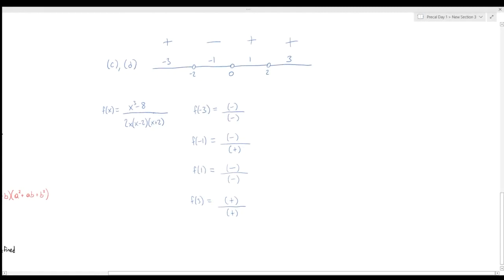So then therefore we see that f is positive on minus infinity to -2. Also positive from 0 to 2.